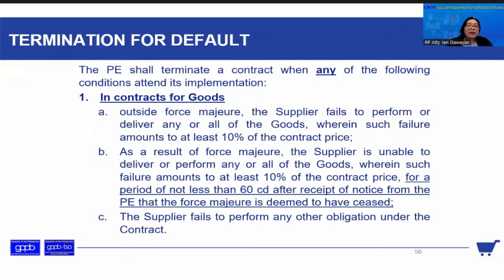If he does not comply after such notice and after the cessation of the force majeure, then there is also a ground for termination by default. And then of course, the failure of the contractor or the supplier to perform any other obligations under the contract. So this is for goods in any of those conditions.